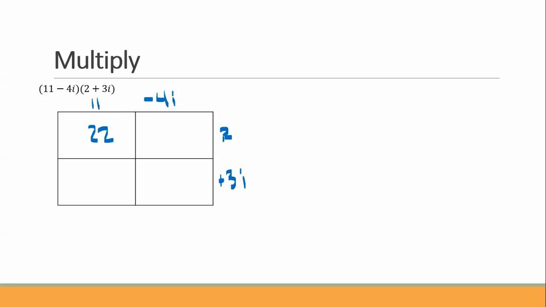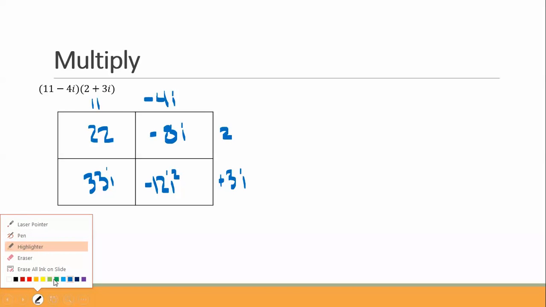Negative 4i times 2 is negative 8i. 11 times 3i is 33i, and negative 4i times 3i is negative 12i squared.